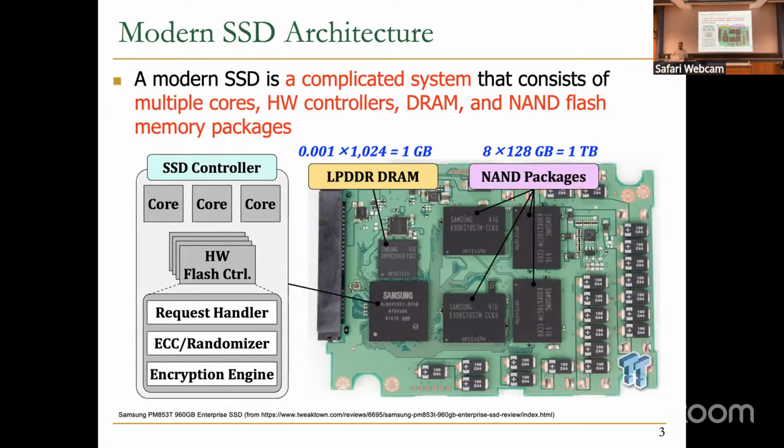And also we have another chip, which is an SSD controller, in which we have multiple cores and hardware flash controllers, and in each flash controller we do request handling, ECC, randomization, encryption, and many things. So a lot of components are there surrounding all these flash chips to make it work.